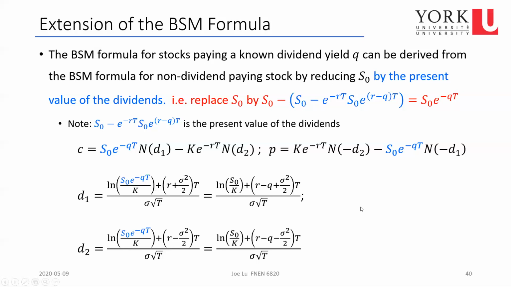So your new formula now is, compared to the old formula, you have to change your S here, and you have this form, where you have a minus q here. All right. So a similar thing will happen to a put.